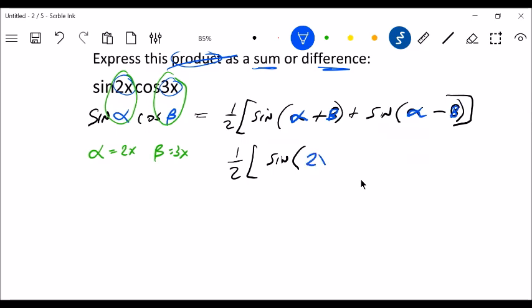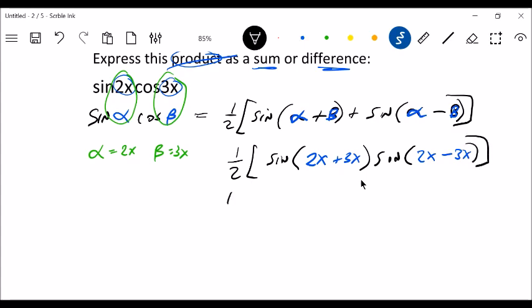So now that's 2x plus 3x. And then 2x minus 3x. So let's simplify that. 1/2 sine of 5x and then sine of negative x.